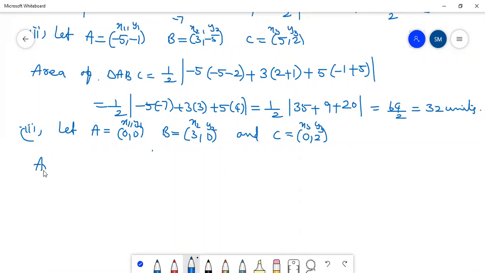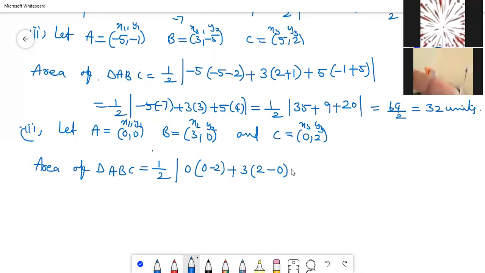Apply in the formula of area of triangle ABC: 1 by 2 modulus of x1 is 0, y2 is 0 minus y3 is 2, plus x2 is 3, y3 is 2 minus y1 is 0, plus x3 is 0 into y1 is 0 minus y2 is 0.